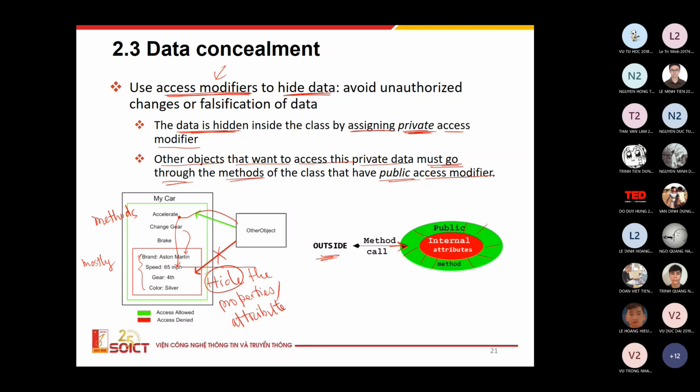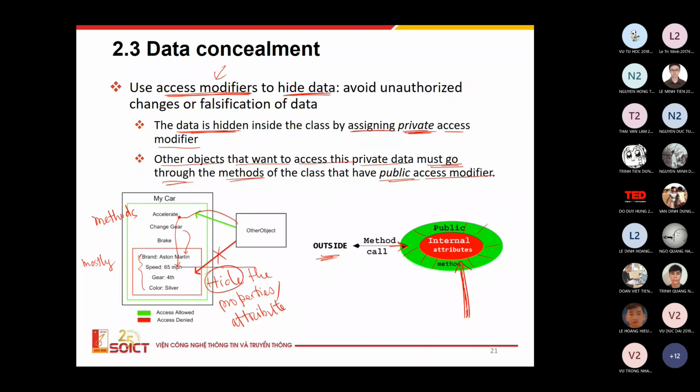Bên ngoài không thể nhìn thấy những gì là private được. Chính vì vậy mà đa phần khi chúng ta xây dựng các class thì các thuộc tính đều được gán phạm vi truy cập là private, nhằm mục đích gì? Đưa nó vào cái lõi này, đúng không? Đẩy hết tất cả các phần dữ liệu vào cái lõi bên trong màu đỏ này. Phần này là che giấu lại, không để cho bên ngoài nhìn thấy.